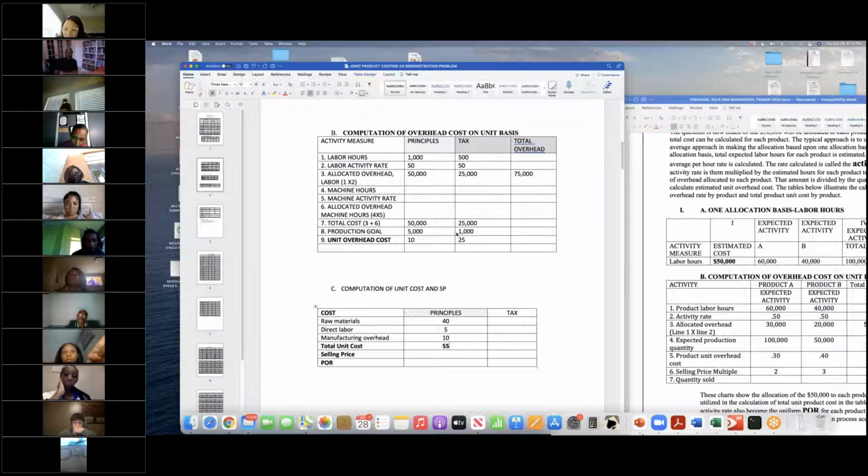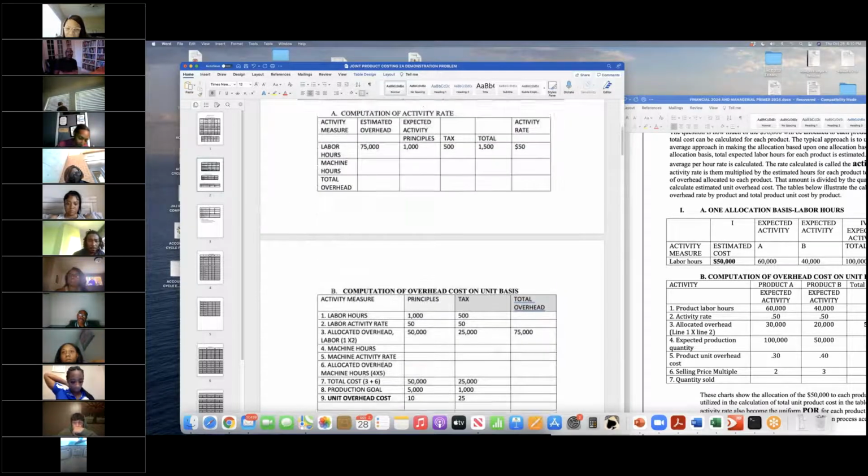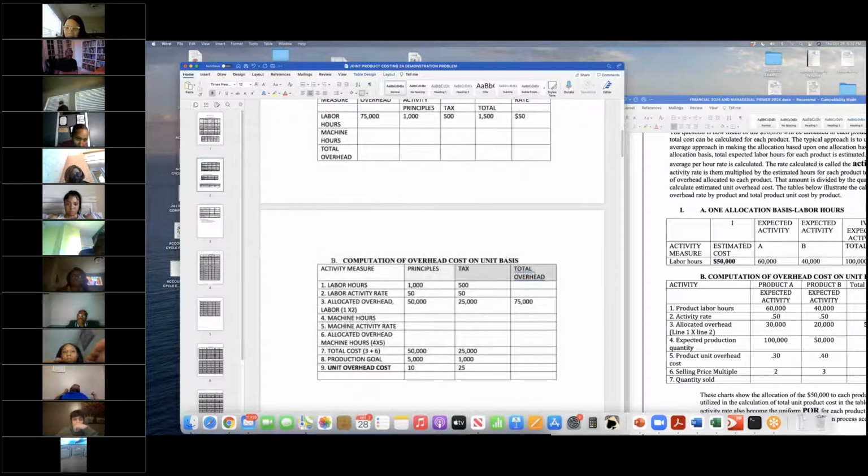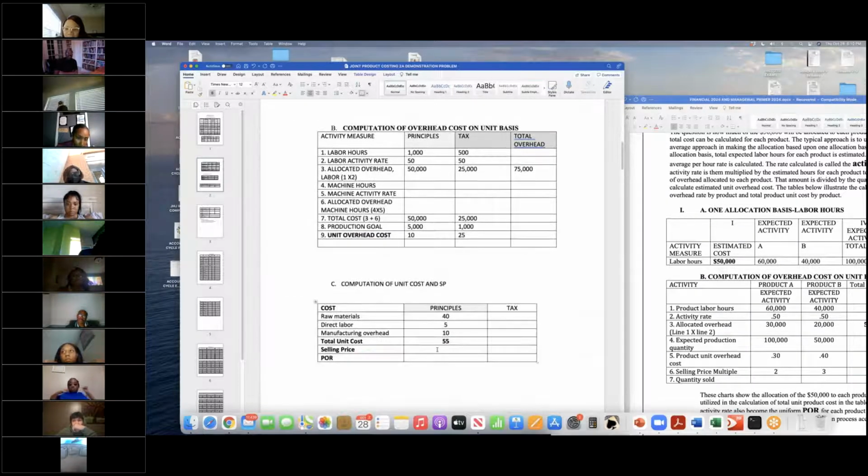55. What's our selling price multiple? It's 3. 165. Yeah, it is 165. What's our POR? 50?